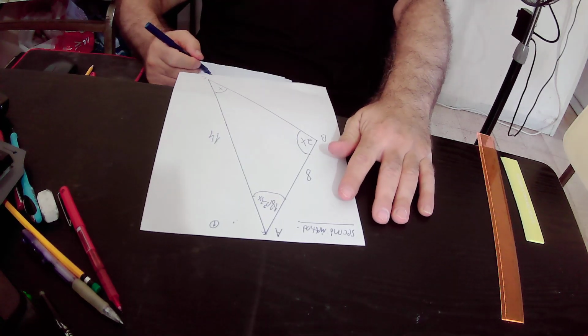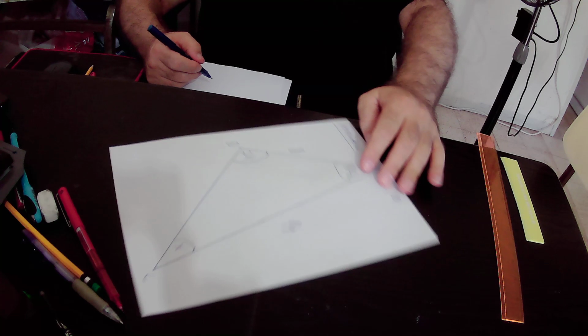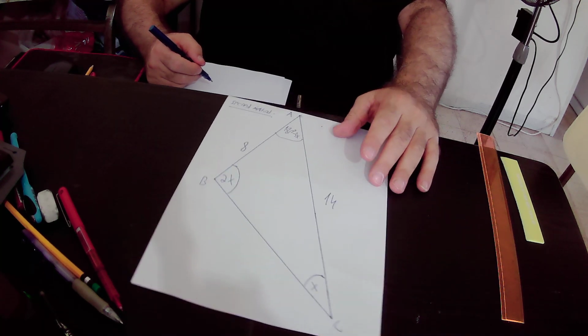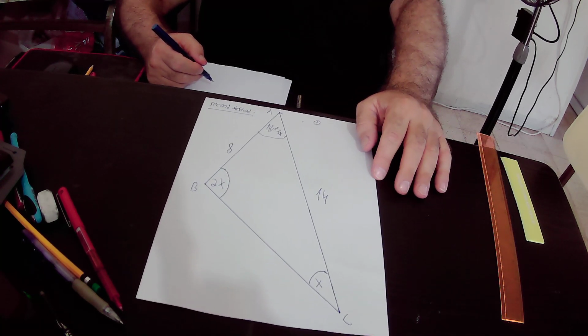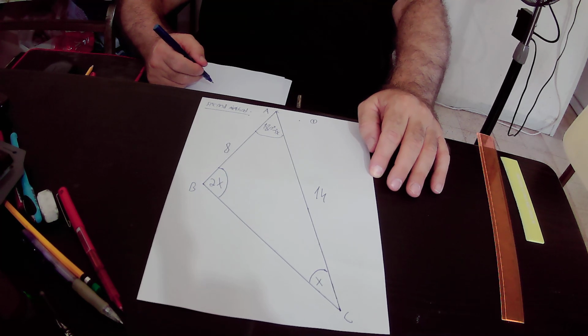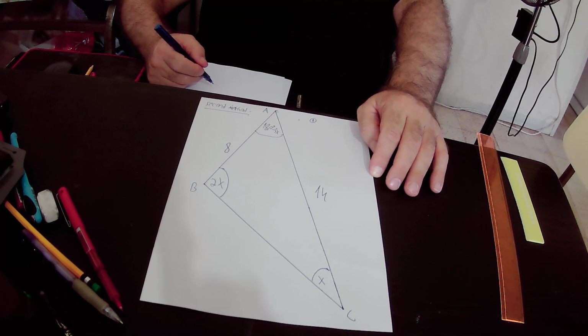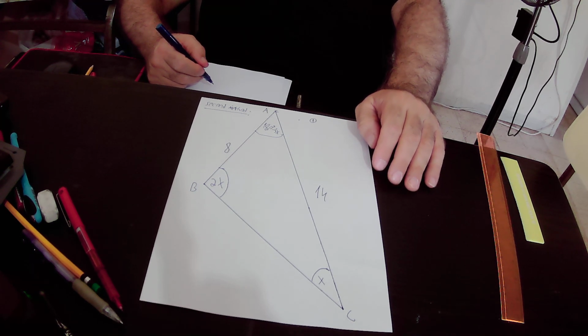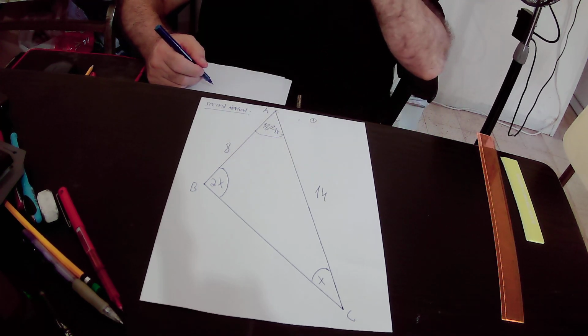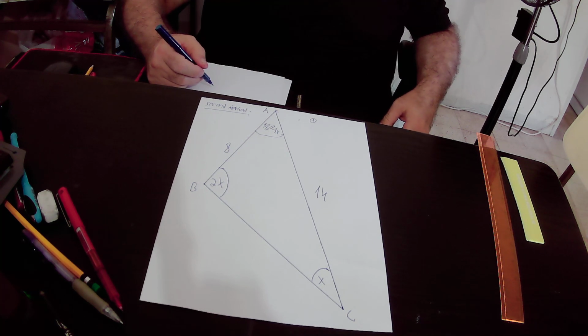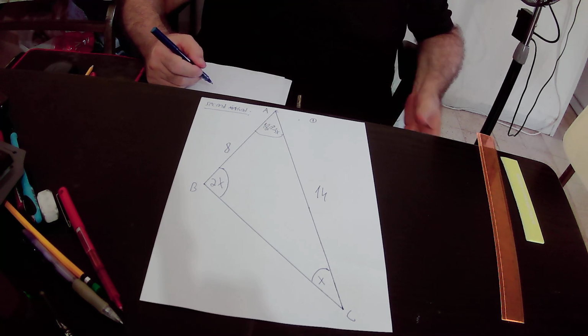Okay, so in the next step I will present to you a new rule, rule number 4, that is a new formula for the area of any triangle.